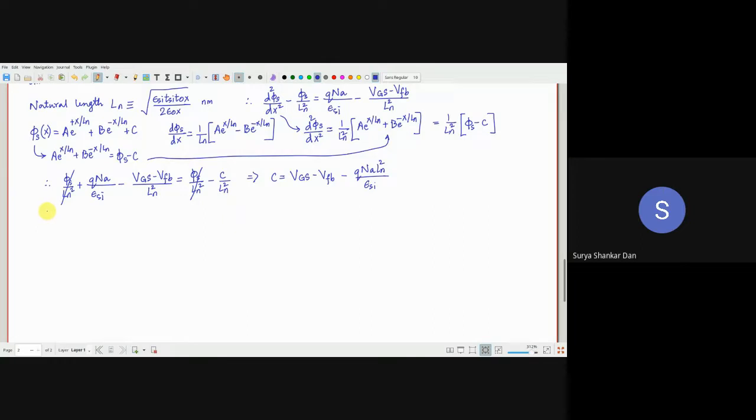For standard doping Na, let us say typical values: epsilon Si is equal to 11.7 epsilon naught, epsilon Ox is equal to 3.9 epsilon naught, TSI I'm just taking the standard value here, 9 nanometers, TOX let us say is 1.5.